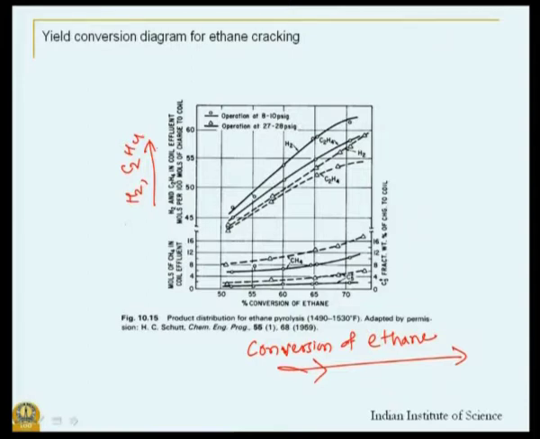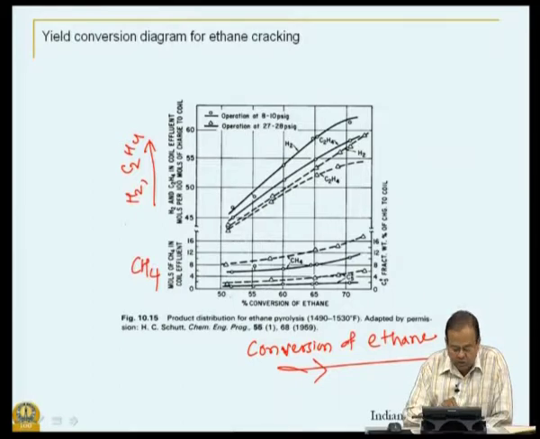And on the bottom is methane, which I discussed is one of the side products in the reaction. What we see here is that as conversion increases, for example from 50% to 55 to 60, the moles of hydrogen and ethylene are increasing.